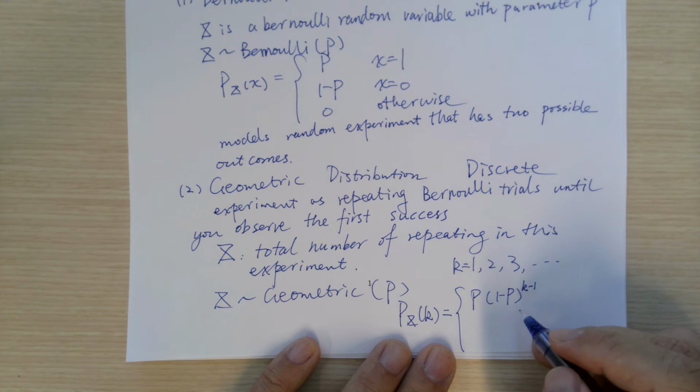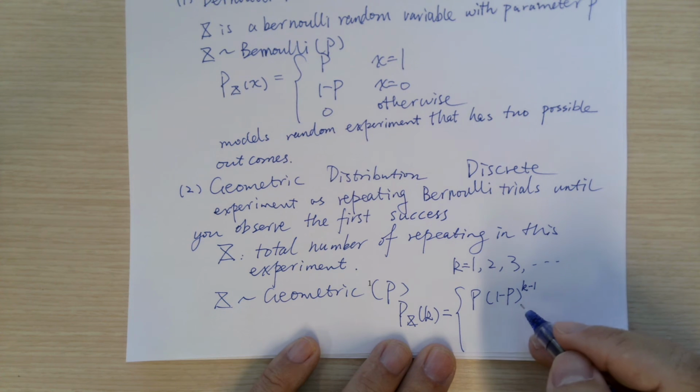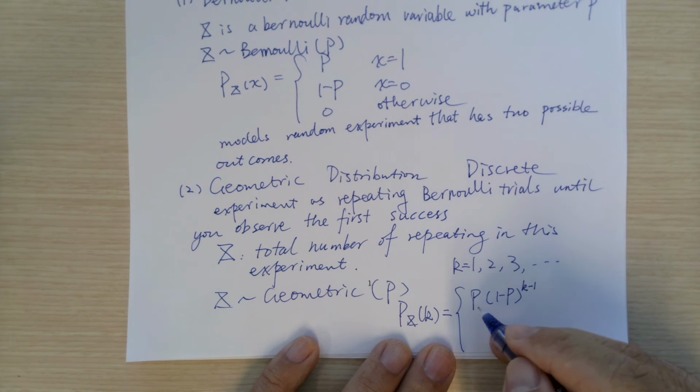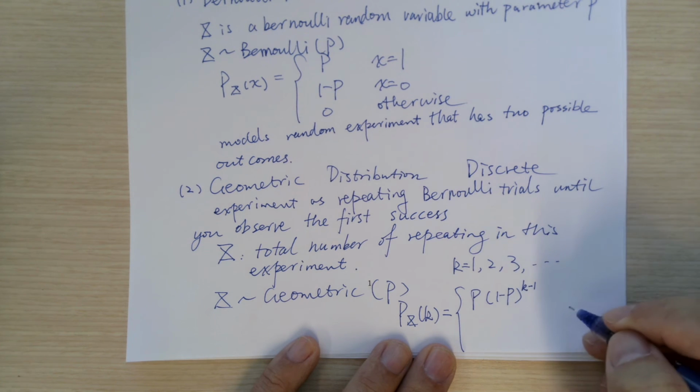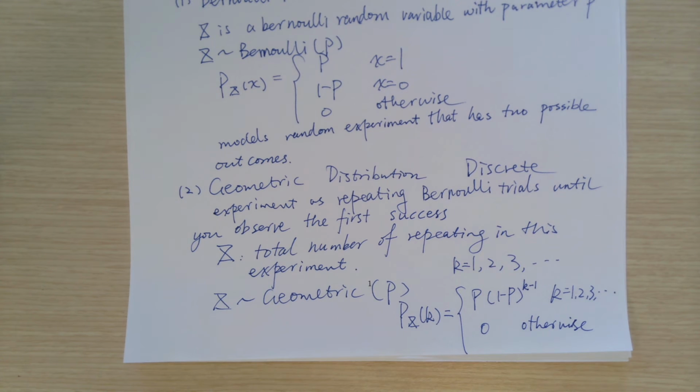You can think of it this way: you have k trials, and you get your first success on the kth. In other words, the first k minus 1 trials are all failures, so it's (1 minus p) to the power of k minus 1, times p. And k equals 1, 2, 3, and so on, and 0 otherwise. That's what we call the geometric distribution.